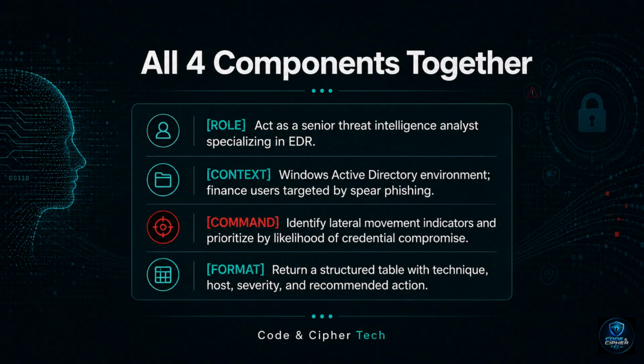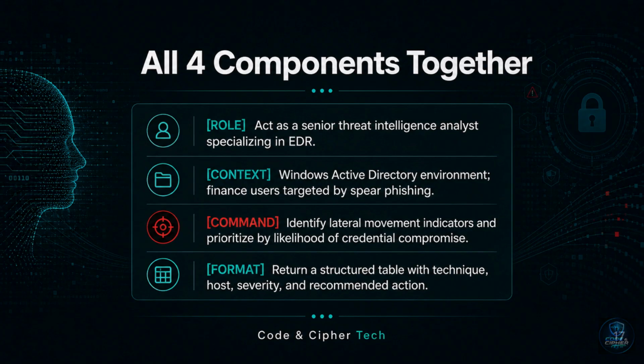Act as a senior threat intelligence analyst specializing in endpoint detection and response. I am analyzing alerts from a Windows Active Directory environment. The alerts were triggered by our EDR platform following a spear phishing campaign targeting our financial department users. Identify lateral movement indicators in the following log sequence, prioritize by likelihood of credential compromise, and return the output as a structured table with columns for technique, affected host, severity, and recommended immediate action.